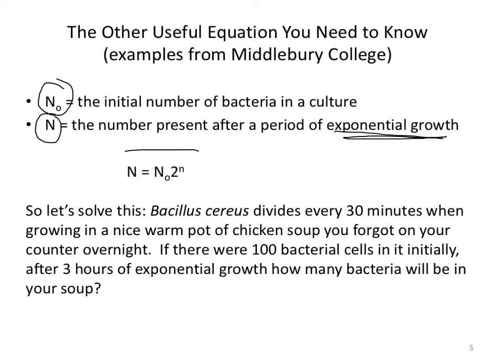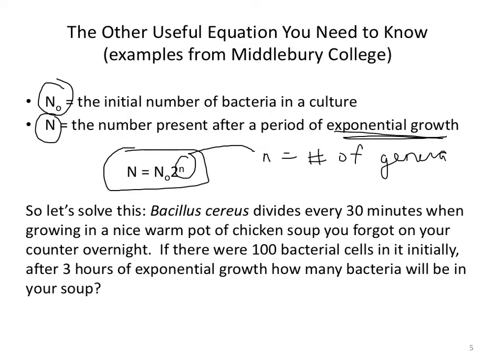This is a very powerful equation used by microbiologists everywhere to determine cell number and other useful parameters pertaining to microbial growth. It's the equation N equals N naught times 2 to the exponent little n. Remember that little n is the number of generations in a particular time t.